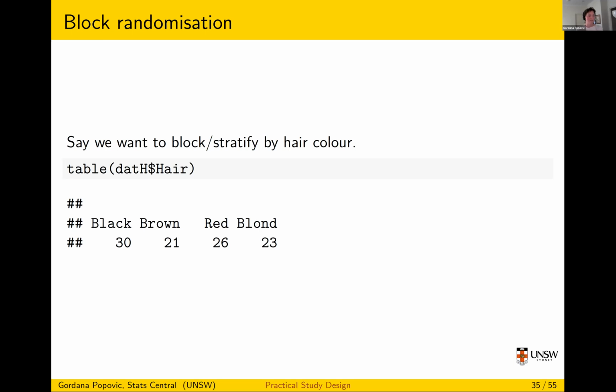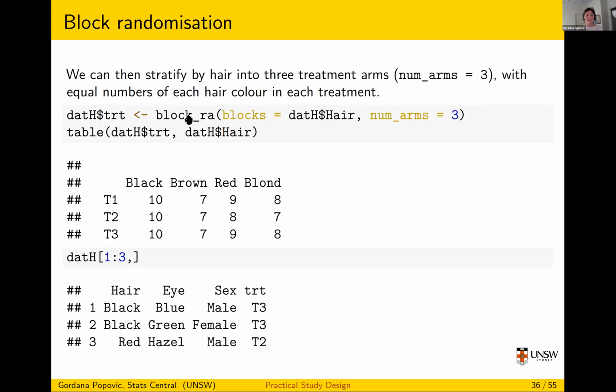They might have different reactions to the peroxide depending on their hair color. So hair color is an important factor in how they'll respond to treatment. So what we do is we use block_ra, a block random assignment, and we say our blocks are the hair variable, and we want 3 groups.